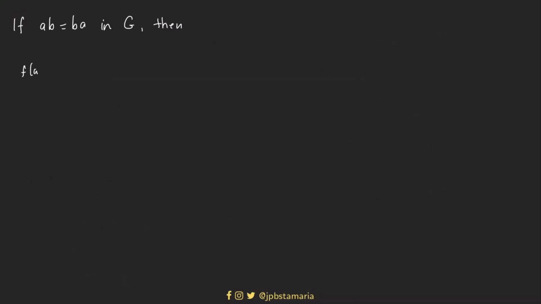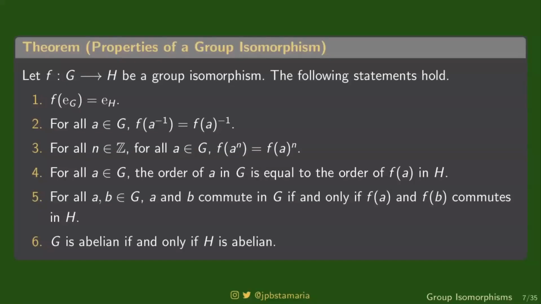Kasi ang f of a times f of b in H, remember, is the same as f of ab. Kasi nga, operation preserving si f. And because ab is ba, pareho sa f of ba, so pareho sa f of b times f of a as elements in H. Ganun lang kadali yung number 5.